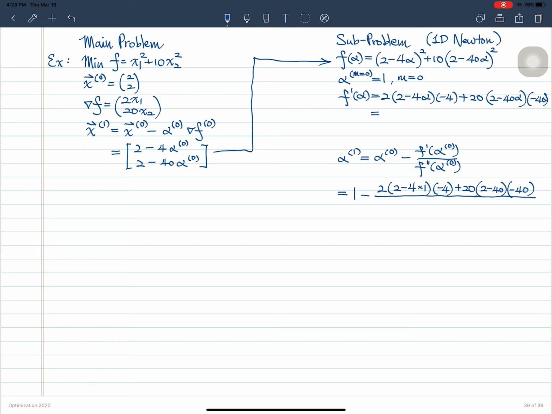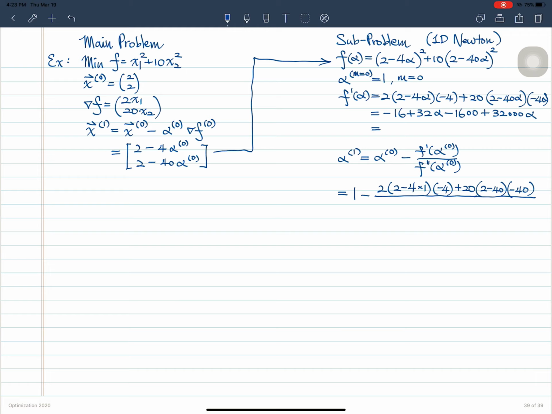That will be negative 16 plus 32 alpha, minus, plus 3200 alpha. Right?